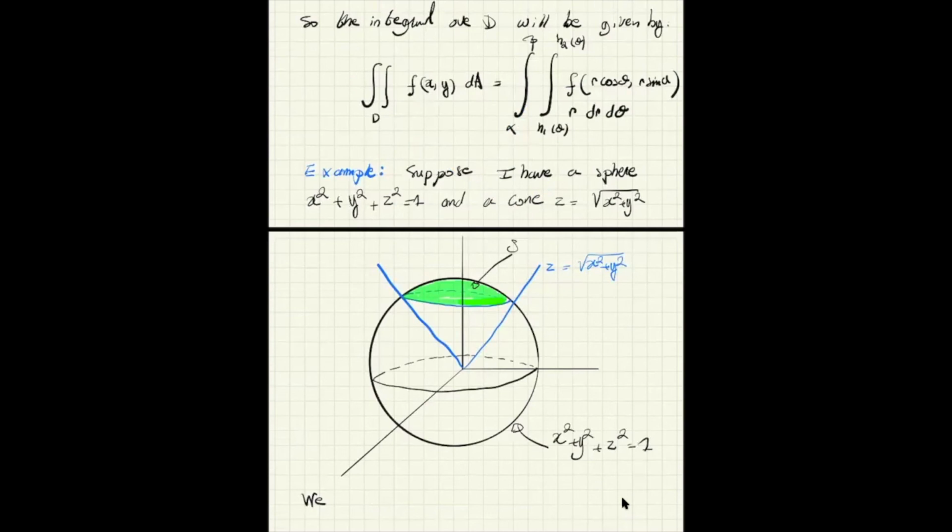So here you can do it by x and y, right? But then it's gonna be a bit more work because you have to isolate z, and then you have to find the region D. The way you do this is you have to project on the plane this small region here.